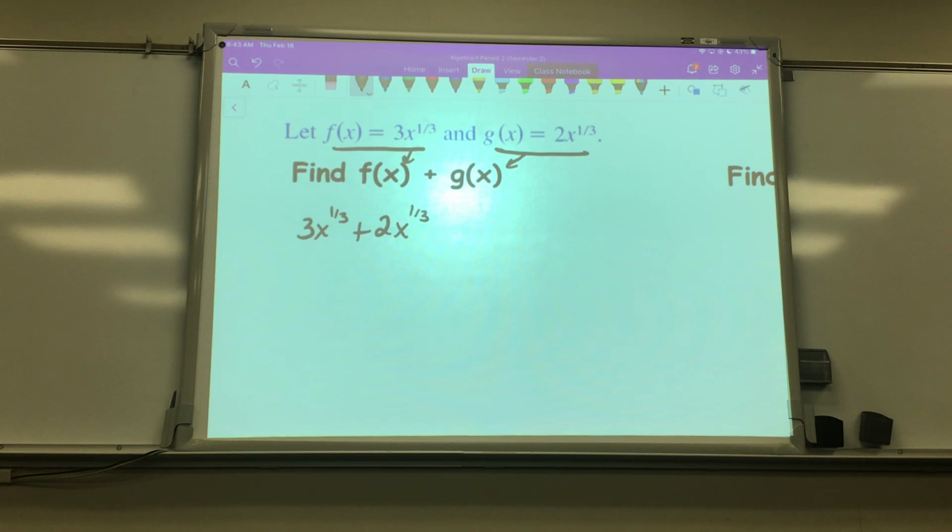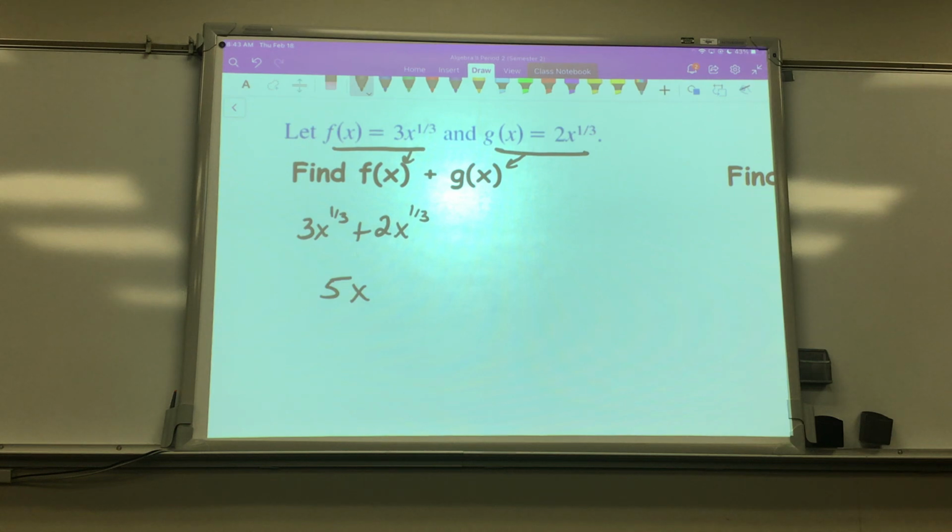Now it's just a matter of plugging in your f of x and g of x. Can I add those? Are they like terms? Yeah, x to the 1/3, x to the 1/3, right? So that tells us we add the coefficients, correct? 3 plus 2 will get 5.